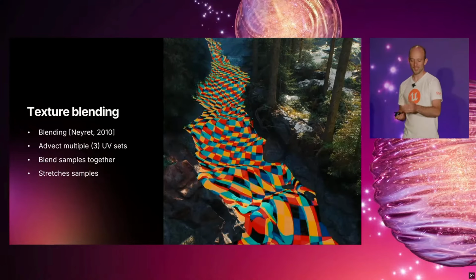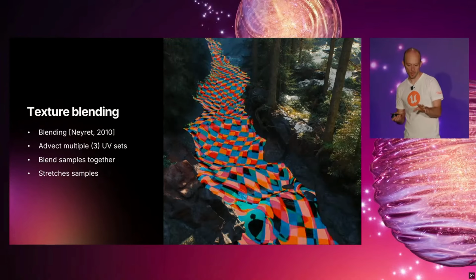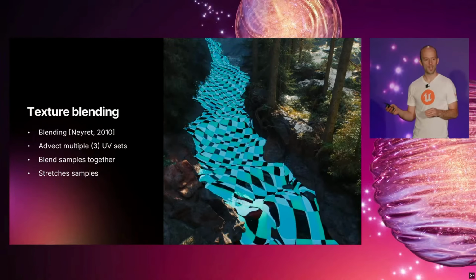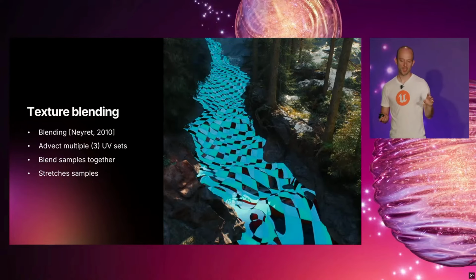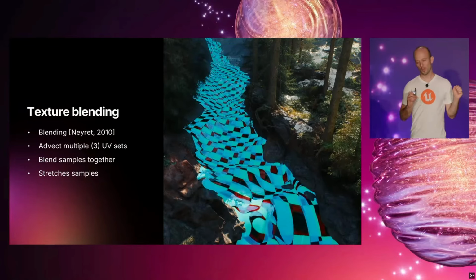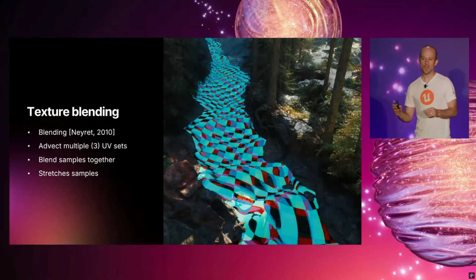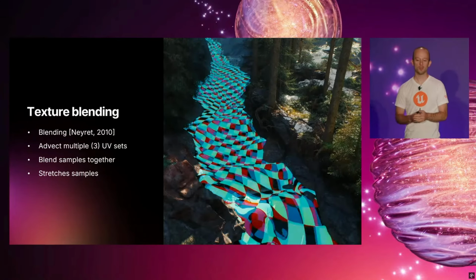In this example, we are trying to illustrate part of the river from the Witcher 4 demo and advecting several different texture UV sets that are reset periodically. The idea here is that you let the fluid push that texture along, and then you reset it at some point. When you reset it, there's no more stretching.